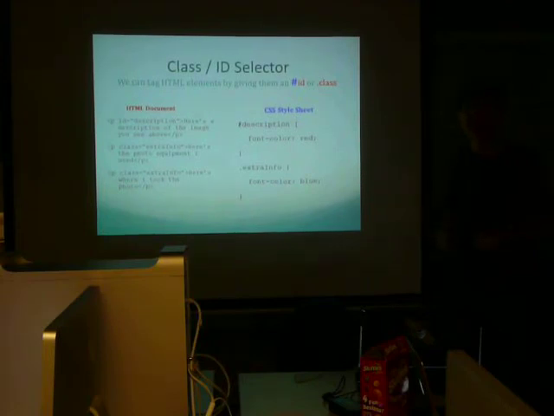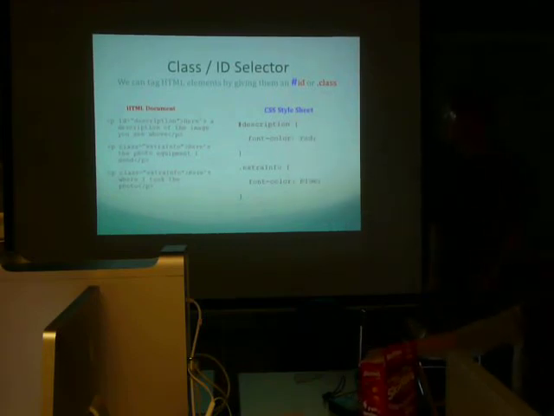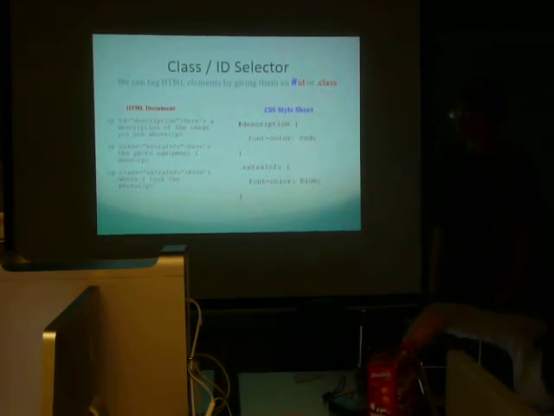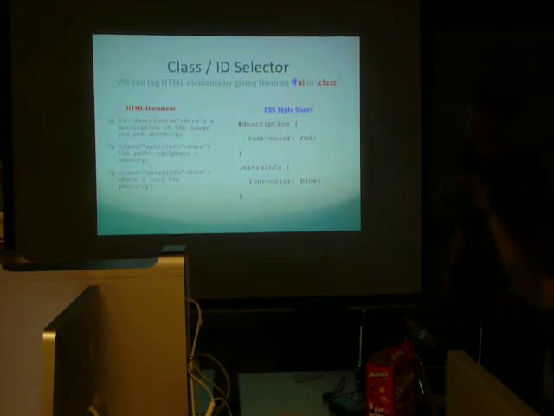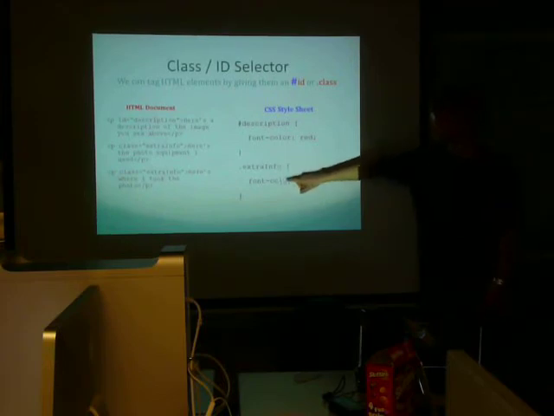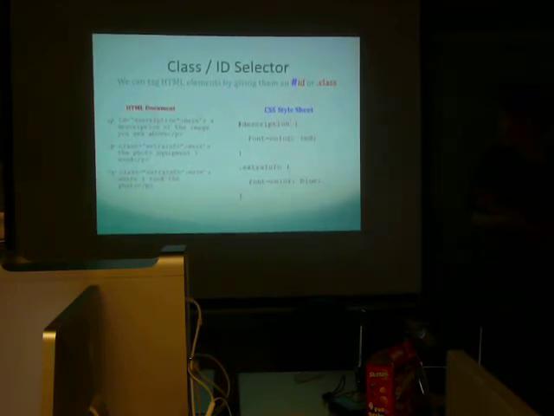You get candy. Which paragraph does this style affect? The one that has ID description, the first one? Yeah. And the class one affects the second two. It does not affect the first one, because the first one does not have class extra info.